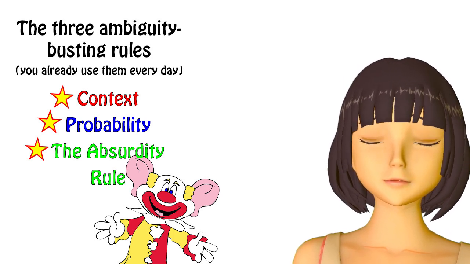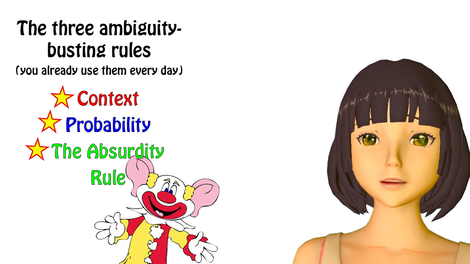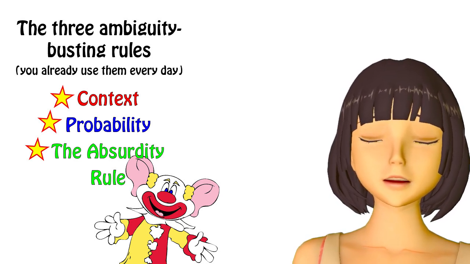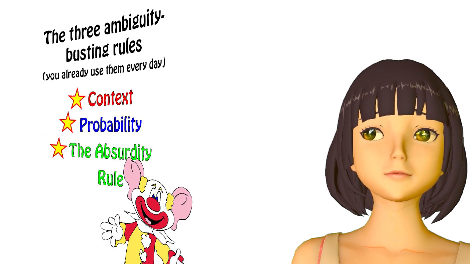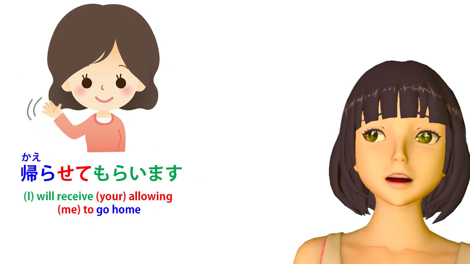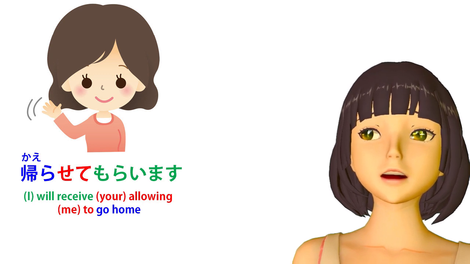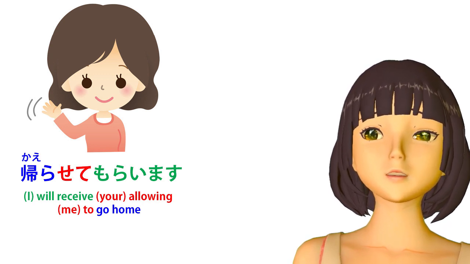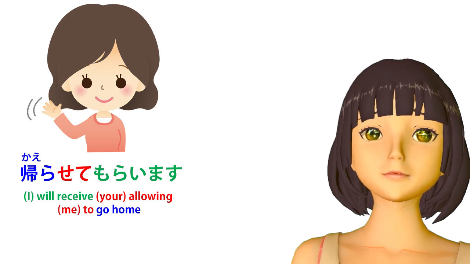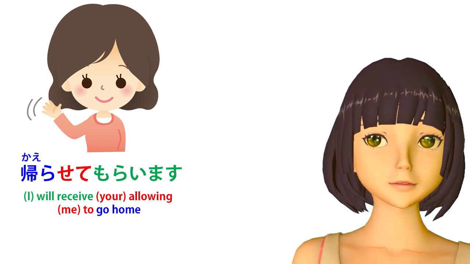Now, sometimes, of course, it can actually mean allow. So, for example, if we say kaerasete moraimasu, what we're really literally saying is, I will receive your allowing me to go home. That's the literal meaning.